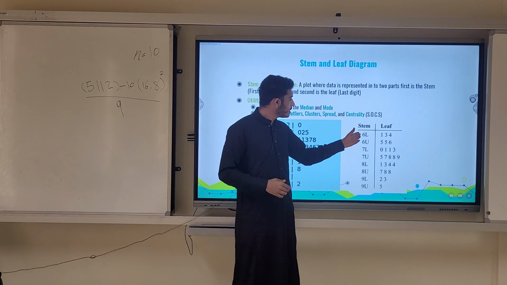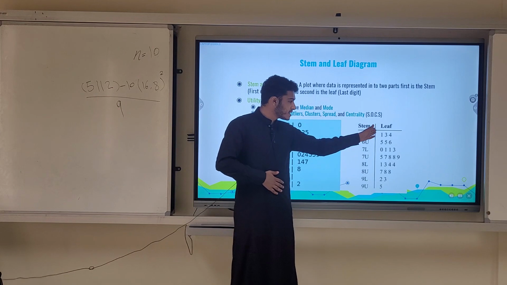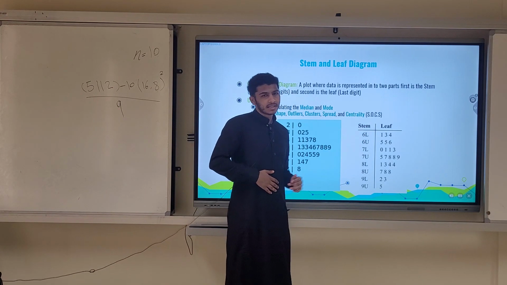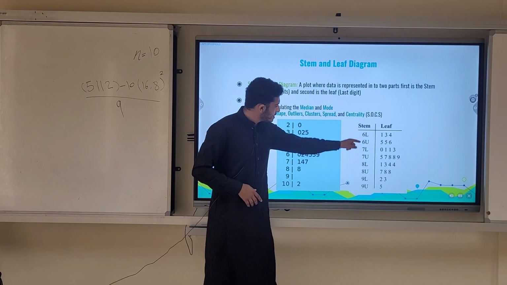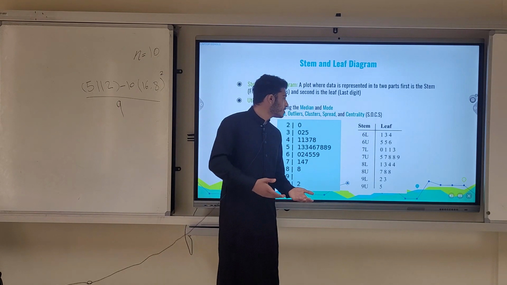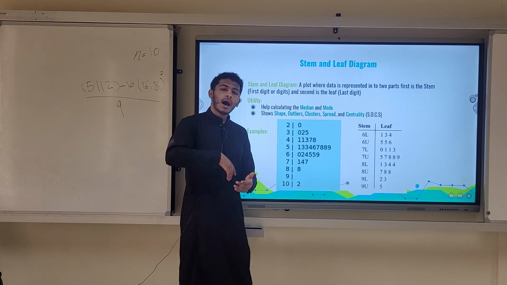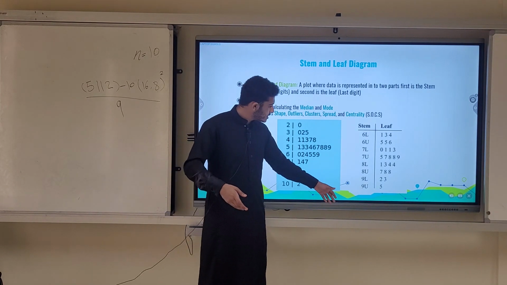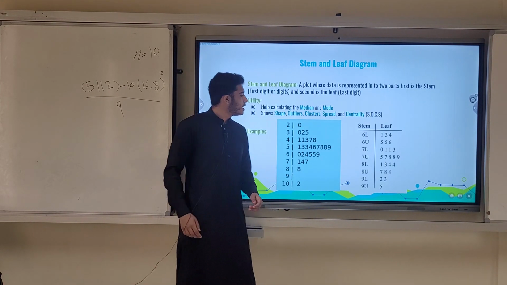So how do we read these numbers? It's 6 and 1. This is 61, 63, and 64. And it goes for the rest. This is 6U, which is 6 upper, where it includes the values from 65 up to 69. And the same goes for the rest of the values here, upper and lower.